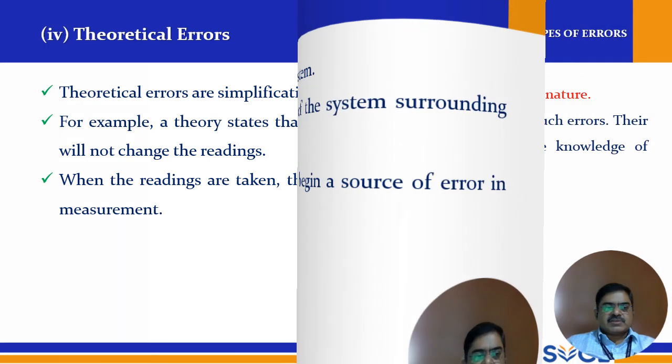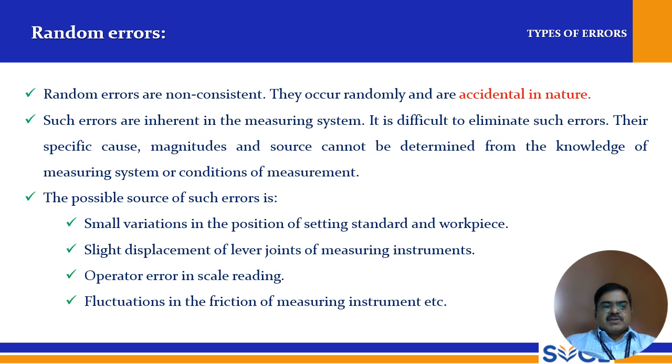Random errors. Random errors are non-consistent. They occur randomly and are accidental in nature. Such errors are inherent in a measuring system. It is difficult to eliminate such errors. Their specific cause, magnitude, and source cannot be determined from the knowledge of measuring system or conditions of measurement.